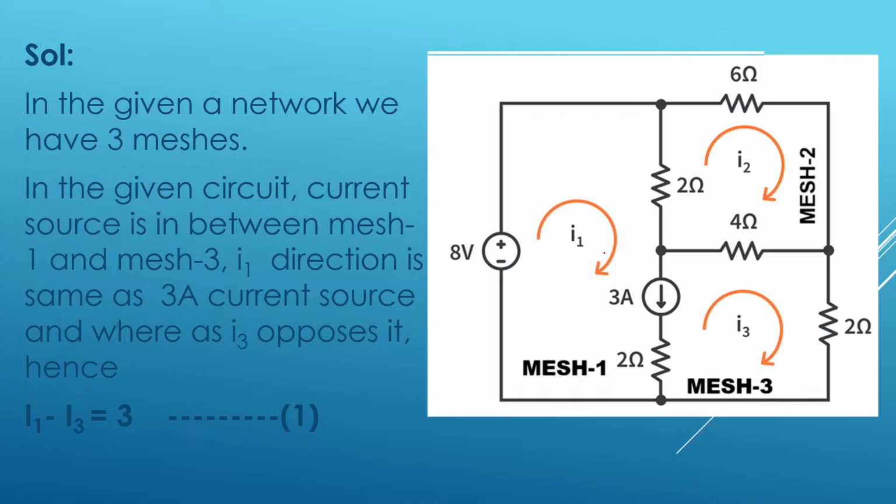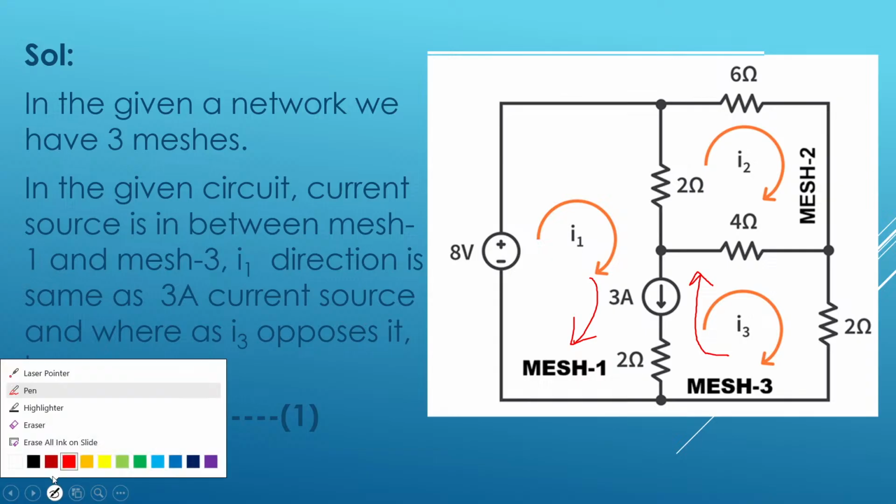Okay. Now first of all, look at the current source. It is in between mesh 1 and mesh 3. So observe the current in mesh 1: it is downward. Current in mesh 3 is upward. Isn't it? So how do we know whether the current is downward or upward?